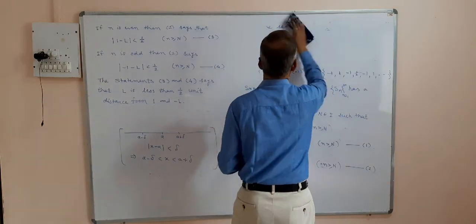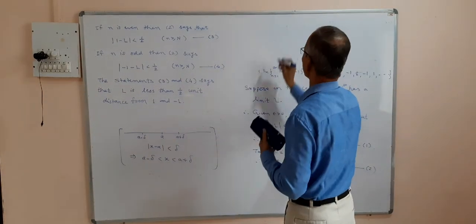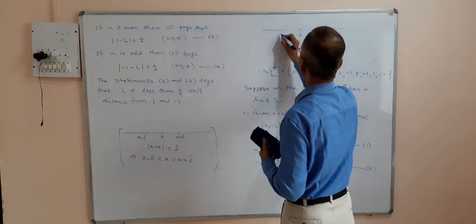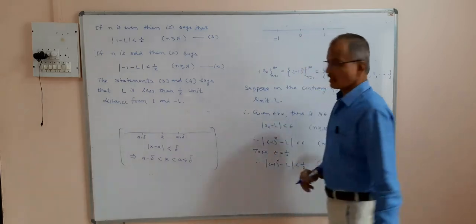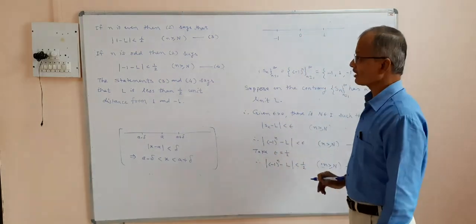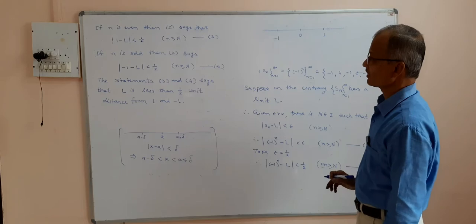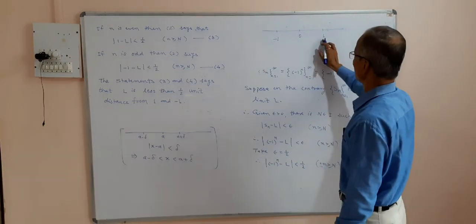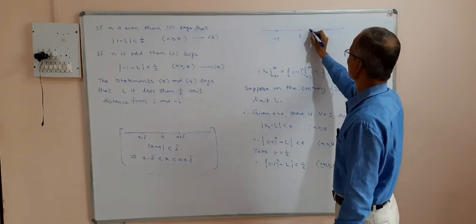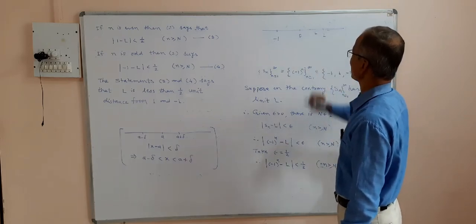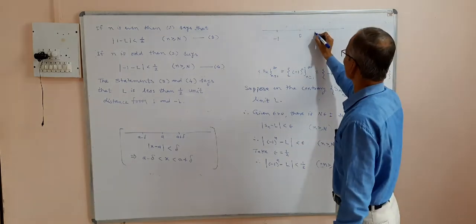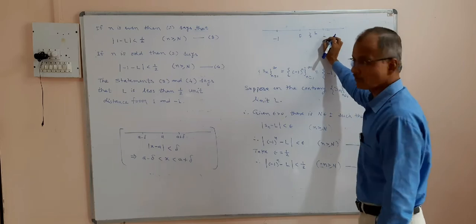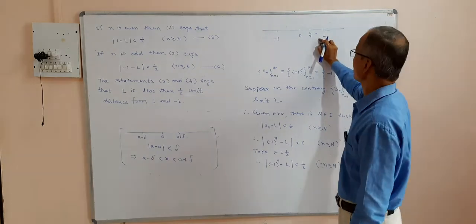Now see, suppose 1 is here and -1 is here, with 0 in between. If L is less than half unit distance from 1, then L must lie in this interval.